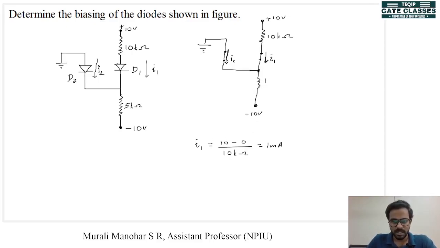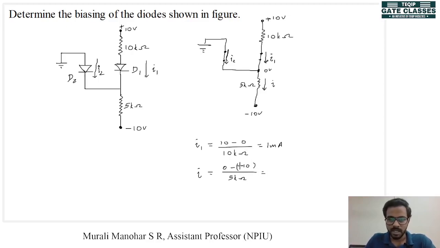Now let's assume there is a current I flowing in this direction. That I is given by, here the potential is 0 volt, that is 0 minus 10 divided by the resistance, which is 5 kilo ohm.